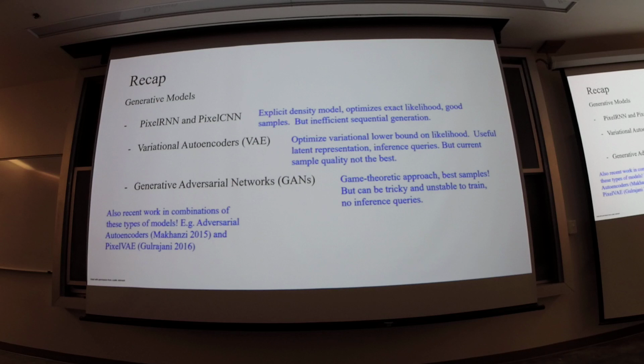I see. Okay, so let me see if I got this. You have some vector, and you provide it to the network. The network converts it into a matrix, or a tensor, I would say.